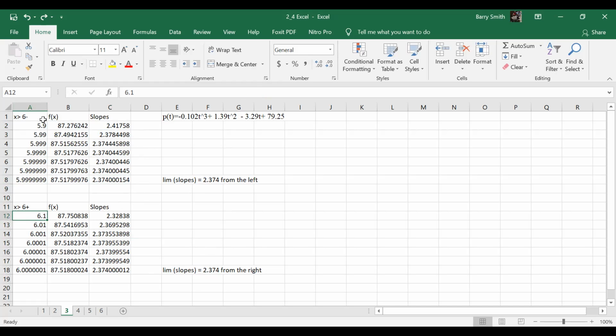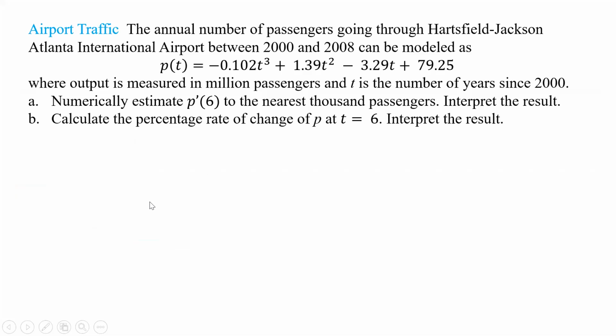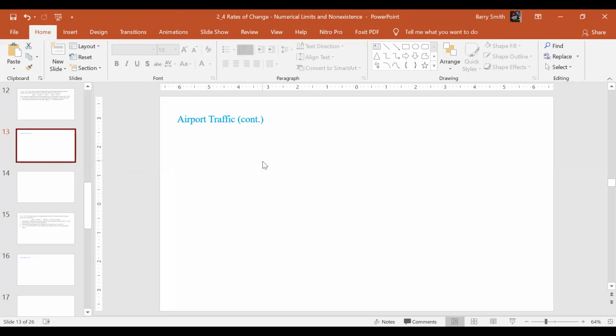Now, let's go ahead and copy this so we can take it and put it into our screen, or at least we'll try to. And we'll go back to here. I think we'll probably have to shrink it down. It's going to shrink down. And so I'm going to paste those over here on this page, or at least I'm going to attempt to. And it's not going to let me do it.